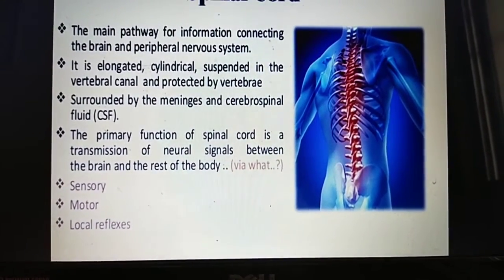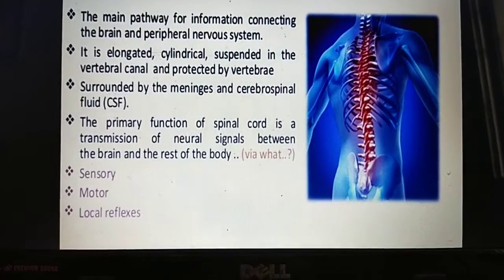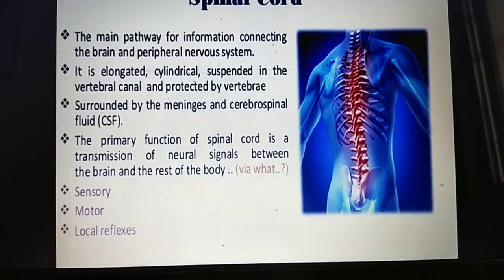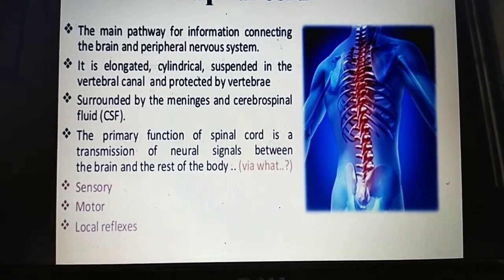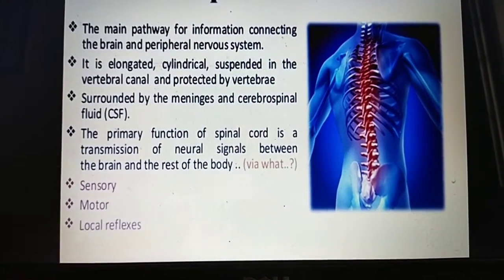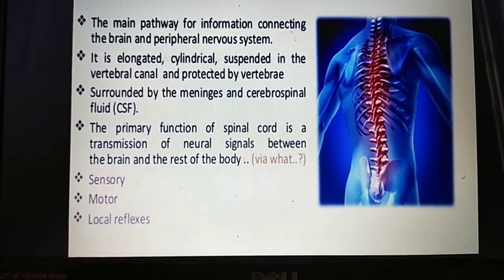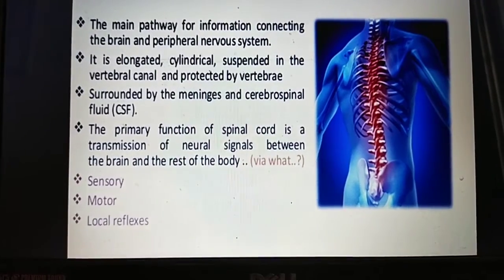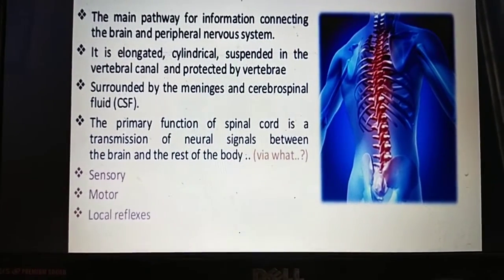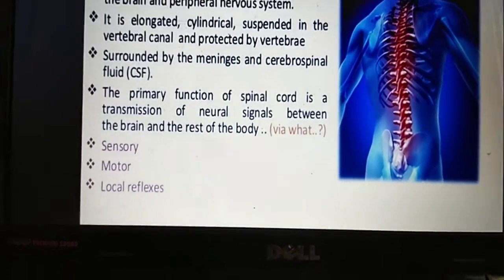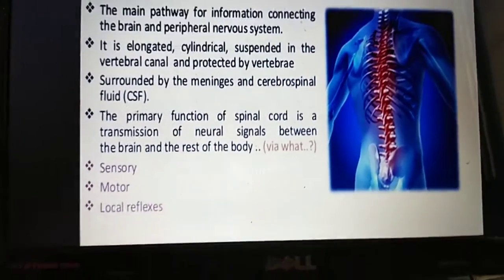It is surrounded by the meninges and cerebrospinal fluid. The primary function of the spinal cord is transmission of neural signals between the brain and rest of the body by sensory nerves, motor nerves, and local reflexes.